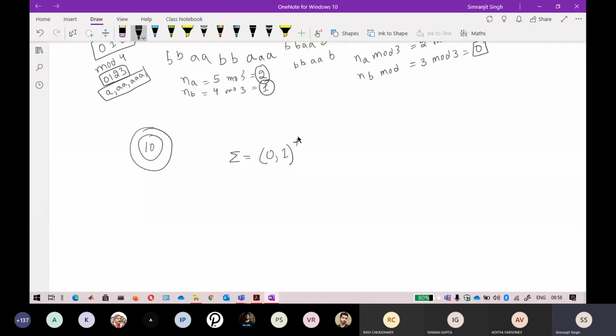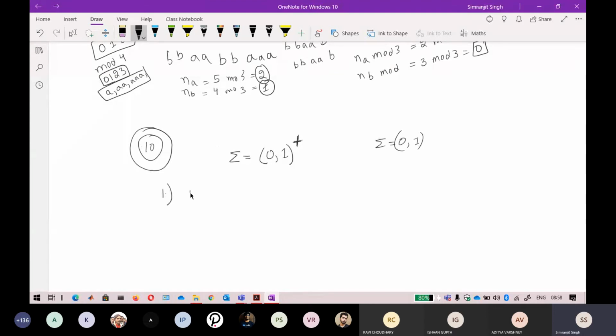I am specifically writing a plus here, because if I just write sigma equal to {0, 1}, it already means that it is raised to the power star, and I do not have to define it specifically. But if I want every value in the expression to have a length of at least 1, I have to denote it by plus. If you remember, plus denotes the Kleene plus closure. Keep that in mind.